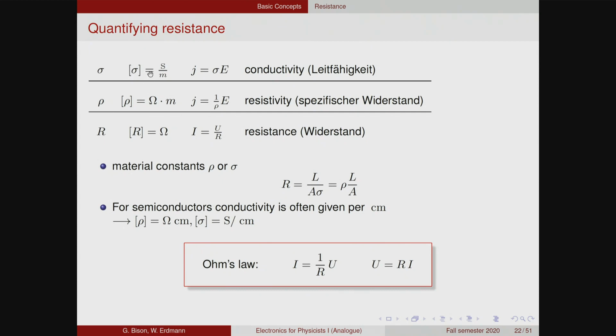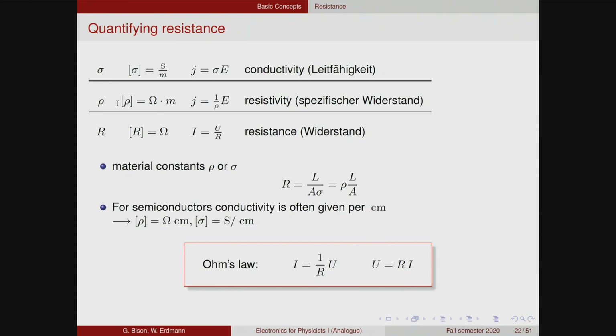The unit of conductivity is Siemens per meter, and Siemens is simply inverse ohms. We can write the exact same thing using the resistivity. So we replace sigma with 1 over rho, and for that reason the units are also the exact inverse, so it's ohms times meter. But this is the same thing. If you know sigma, you can calculate rho just by taking the reciprocal value.